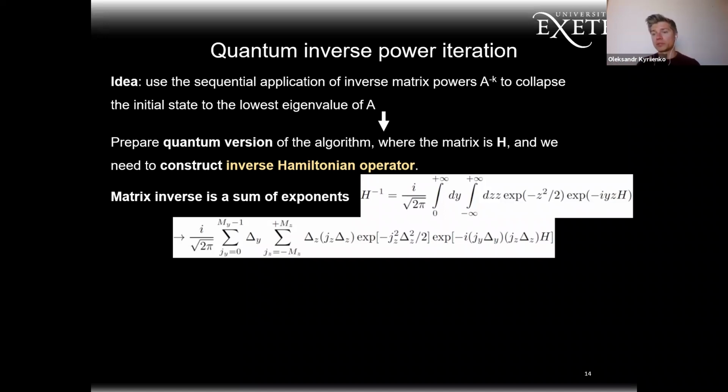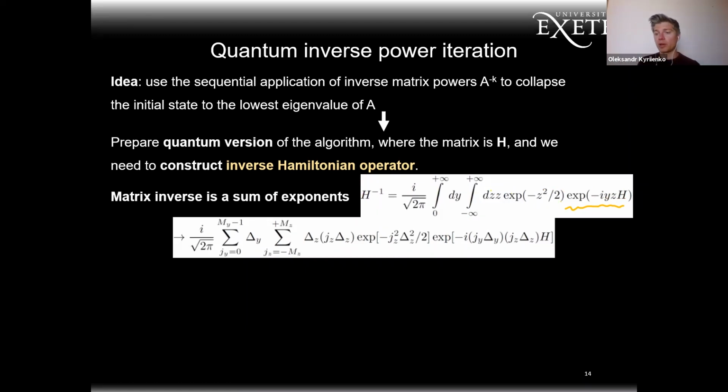We can evolve the system and of course measure, but until you measure, it should be all unitary. So the goal is to take this unitary part as an exponent generated by H with some complex phase, but add some filter which turns it into the inverse of the Hamiltonian.